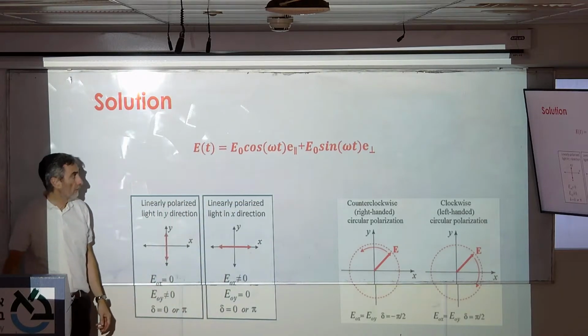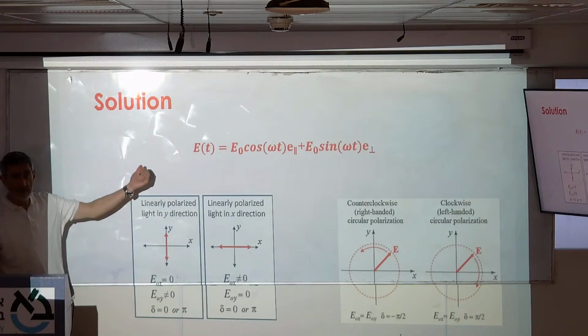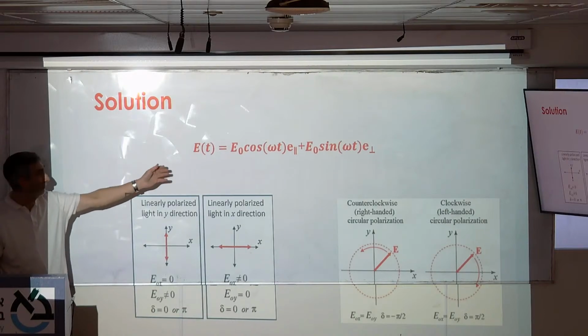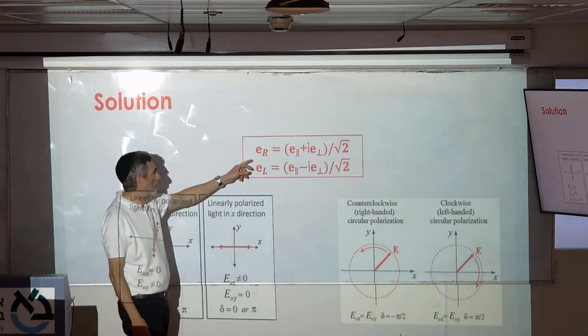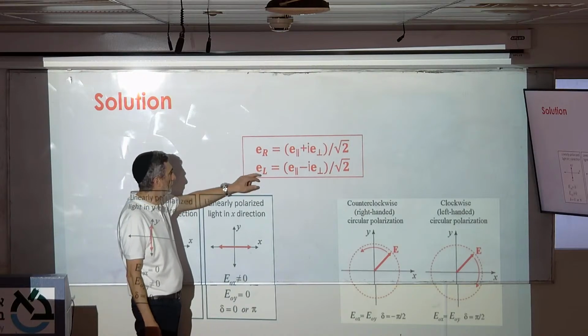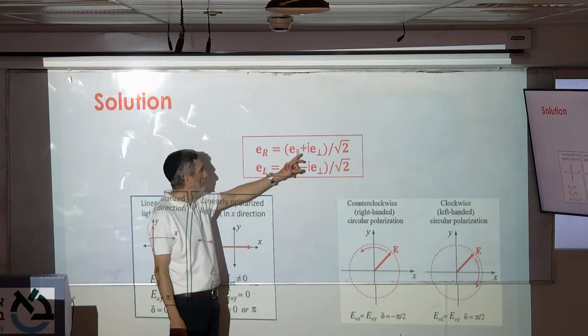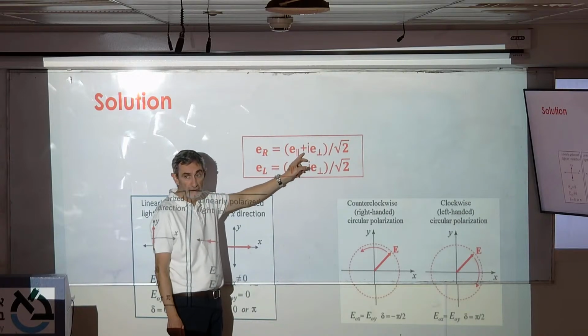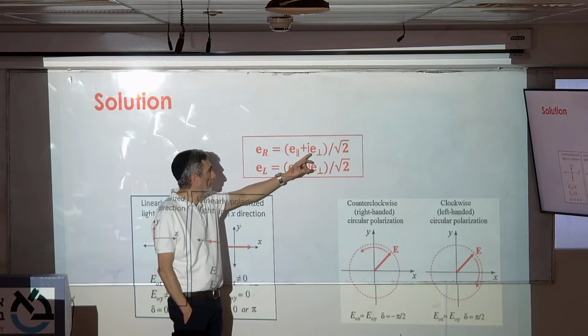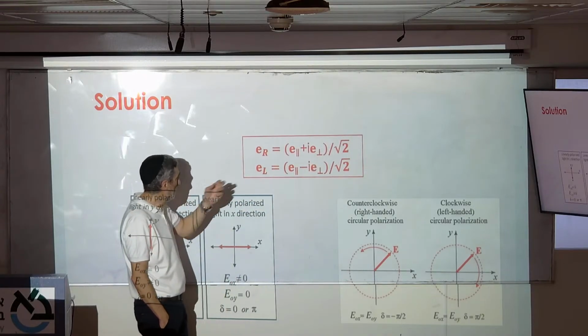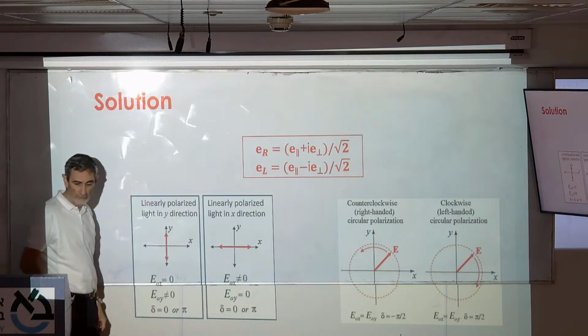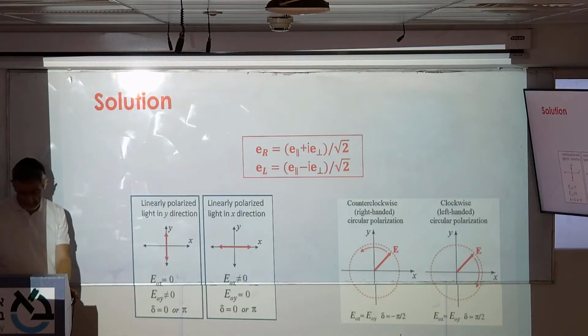If you take the time out of this equation, what you get is a simple relation for the right and left circular polarization, which is E parallel plus i, this is the quadrature here, E orthogonal, normalized by square root of 2. Very simple exercise.